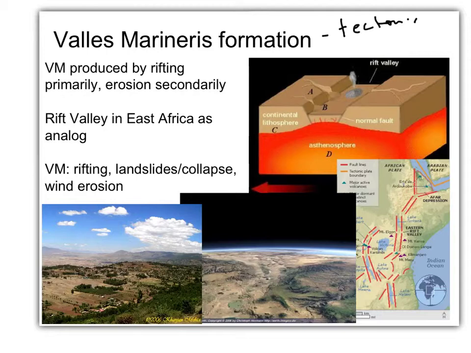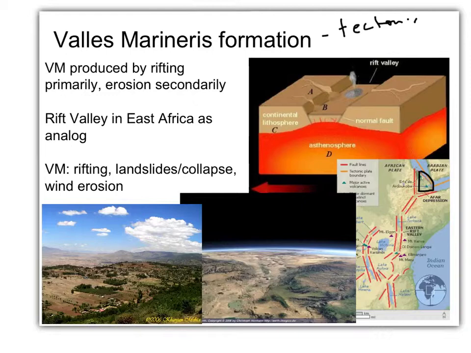Our best analogy for Valles Marineris is actually the Rift Valley in East Africa, which is again an example of, in this case, continental plates being pulled apart, and as the continental plates pull apart, the spreading of the plates is really being driven by what's going on up here in the Afar region in Ethiopia.